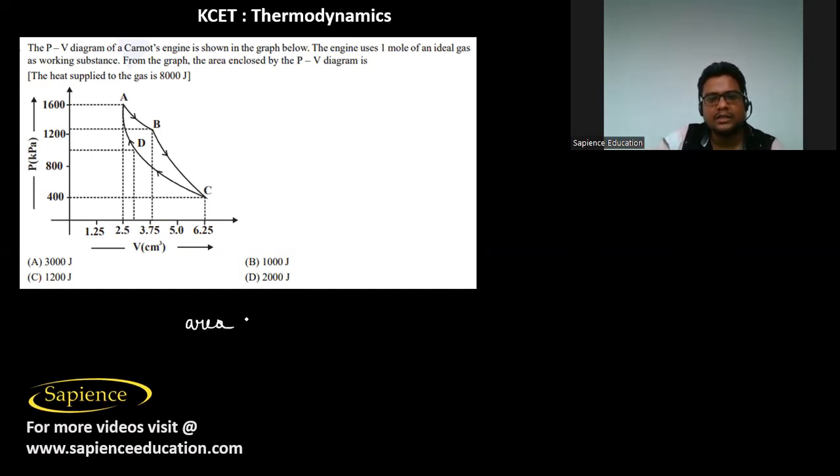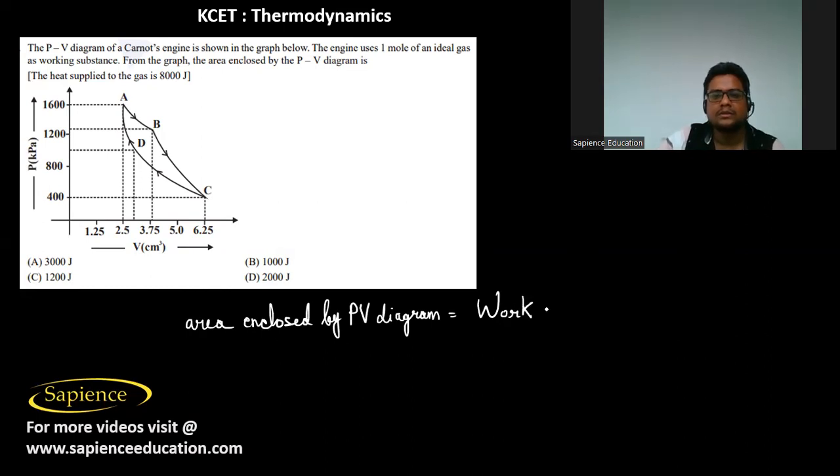We know that the area enclosed by the PV diagram is equal to the work done, and that is also equal to the energy output.